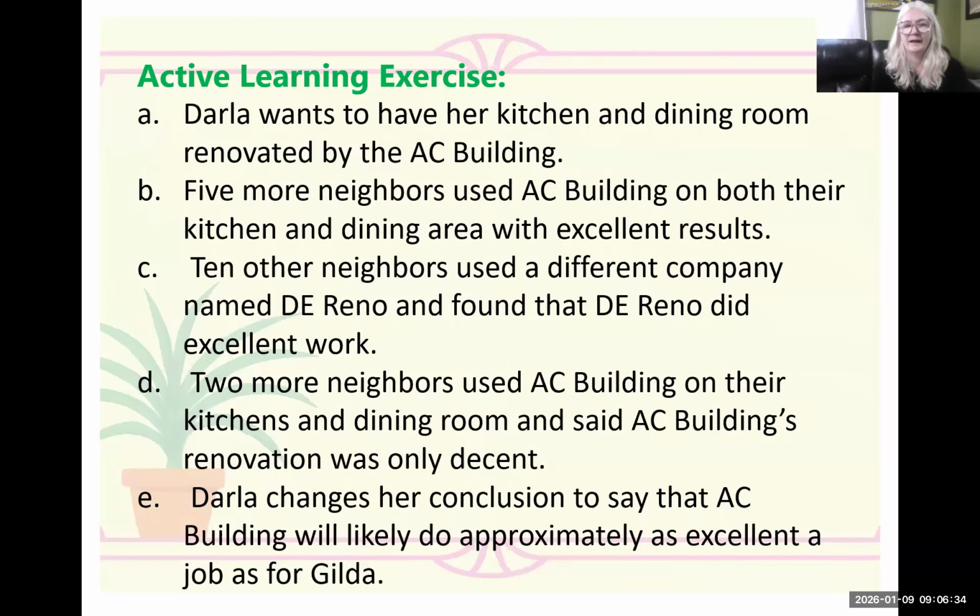What if 5 more neighbors used AC Building on their own kitchen and dining area with excellent results? 10 other neighbors used a different company named DE Reno and found that DE Reno did excellent work. 2 more neighbors used AC Building on their kitchens and dining rooms and said AC Building's renovation was only decent. Darla changes her conclusion to say that AC Building will likely do approximately as excellent a job as for Gilda.